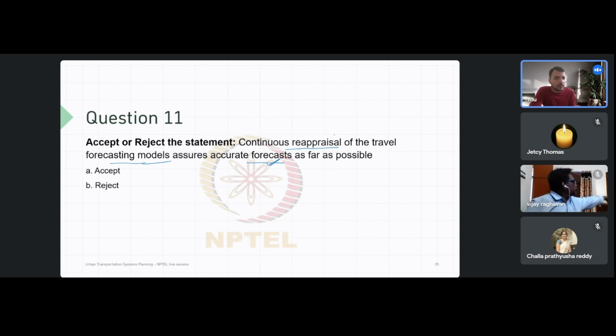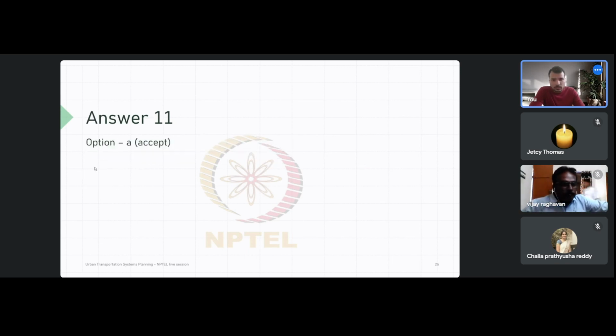That will ensure that the models are better and the forecasts will be accurate as far as possible. I think everyone responded correctly for this. So option A is correct. If they are not able to predict accurate forecasts, those models may not be so good. So option A, accept, is the correct answer.